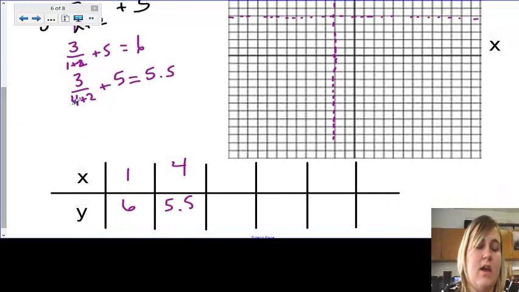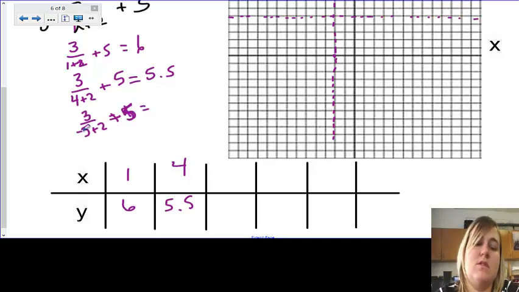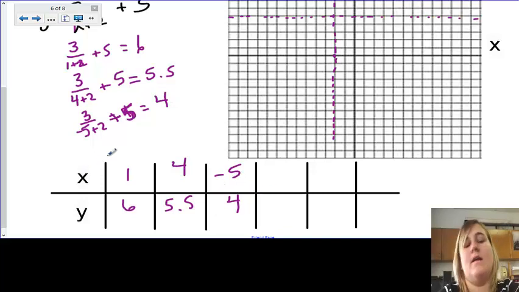If I have, let's go 3 over, let's say, -5 plus 2, plus 5 equals, so this is going to give me -3 on the bottom, so -1 plus 5 is 4, so that was a -5 for x, and a +4 for y.